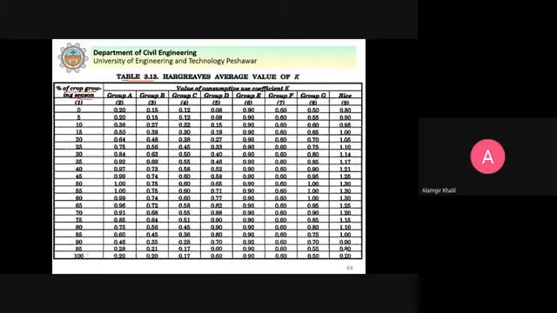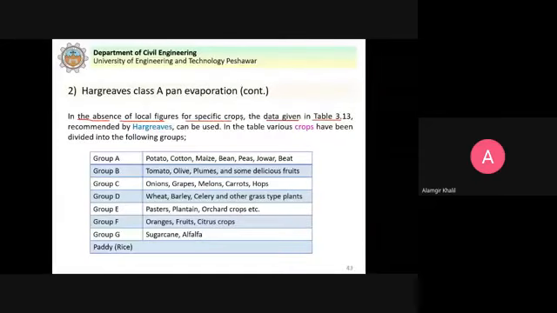We can take the value of K from this table if it is not calculated for the local conditions. The data given in Table 3.13 recommended by Hargreaves can be used.